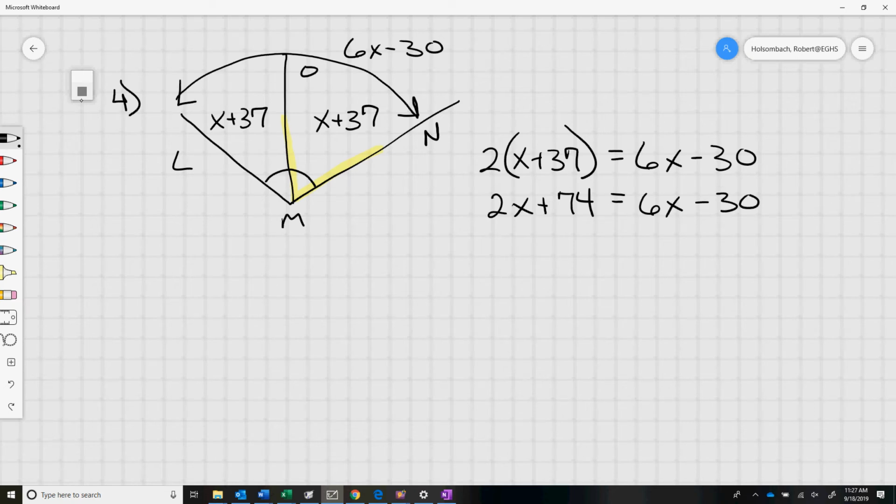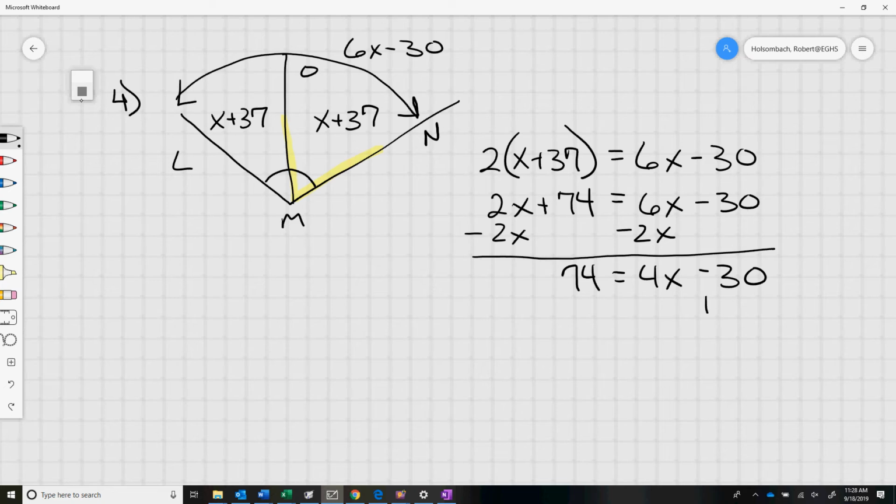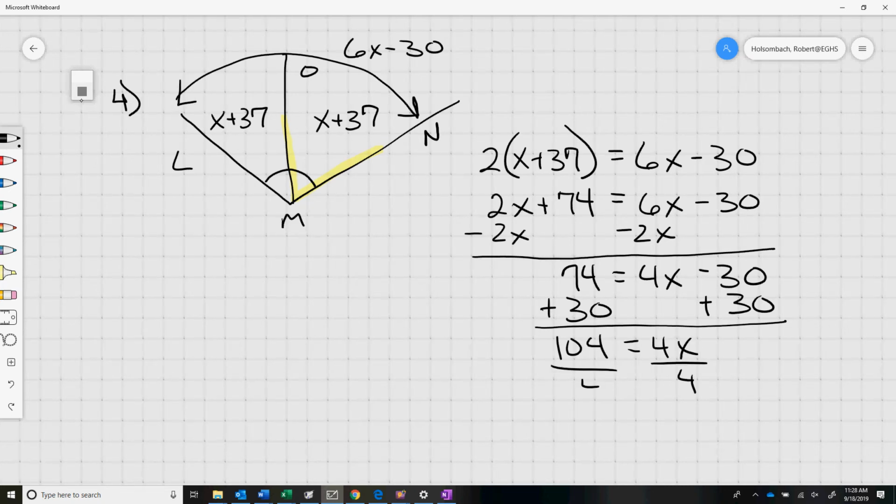Subtract 2x. 74 equals 4x minus 30, and add 30. 104 equals 4x, and divide by 4. So 26 is equal to x.